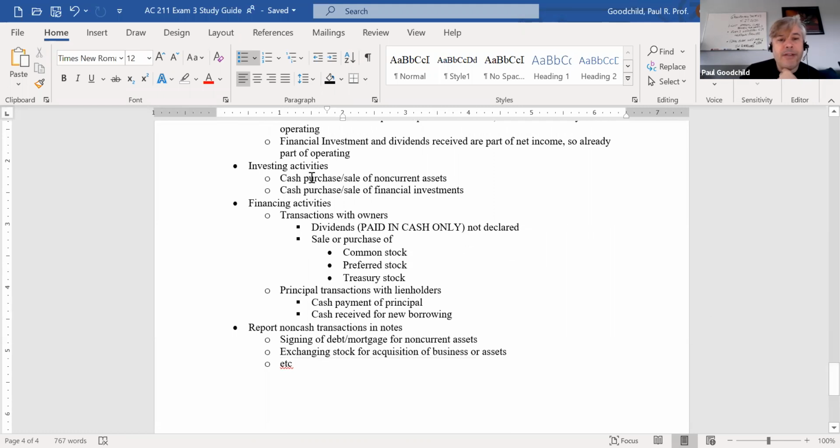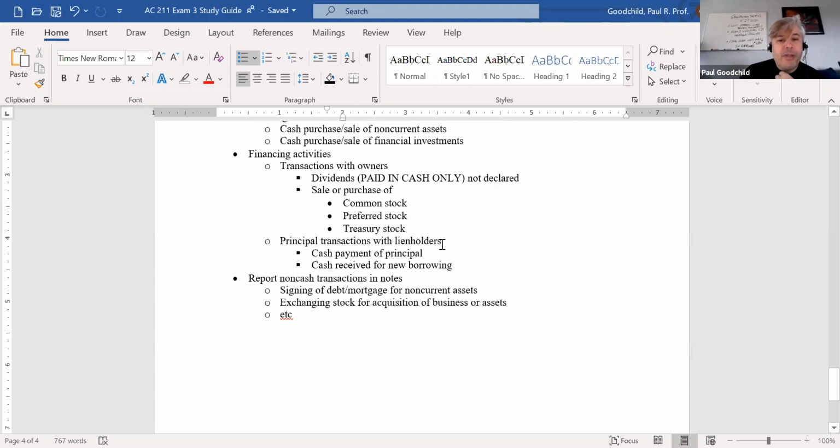Investing activities, remember, they're cash purchase or sale of non-current assets, cash purchase or sale of financial investments. And then financing activities: transactions with owners, dividends paid in cash only, so not declared, sale or purchase of common stock, preferred stock, treasury stock, and then principal transactions with lien holders.